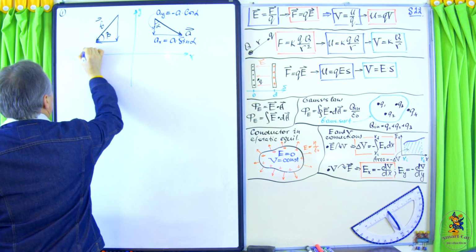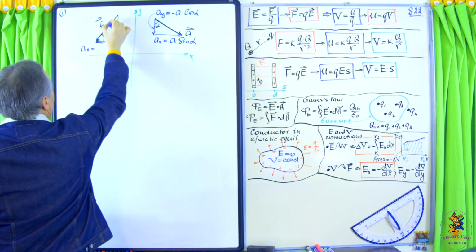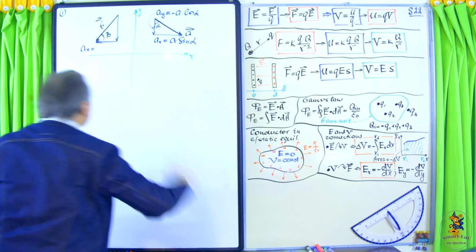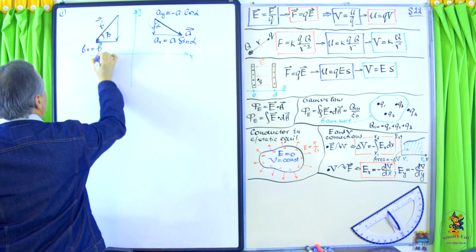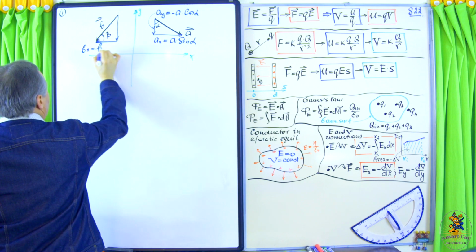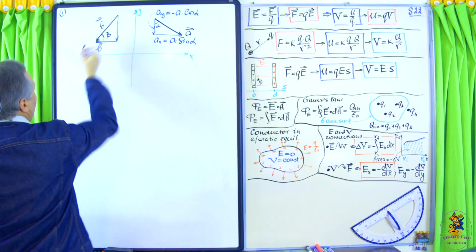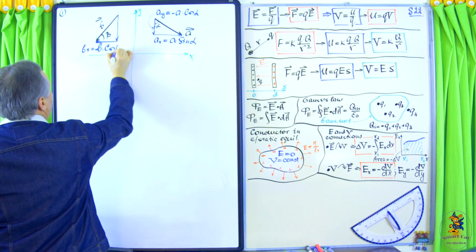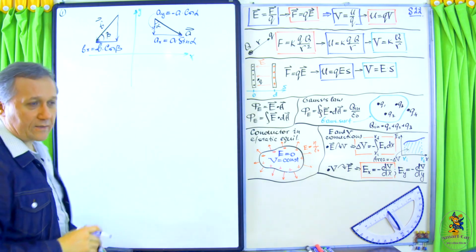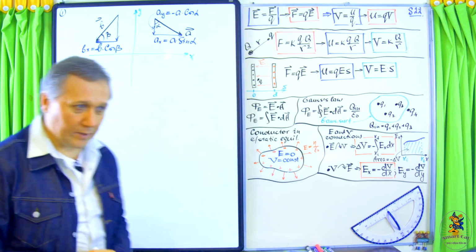So let's start with x. It's B sub x, not A. So it will be the absolute value of B, with a minus in front, right? Because this component points in the negative x direction, times cosine of angle beta, because again, we're trying to find the side which is adjacent to the given angle beta.